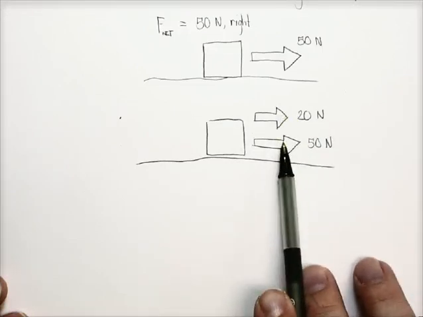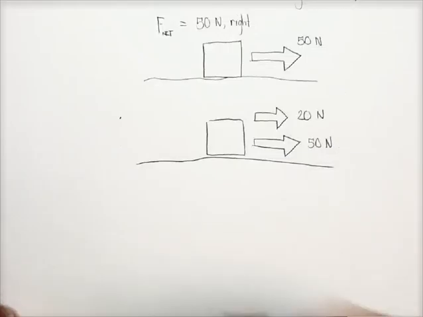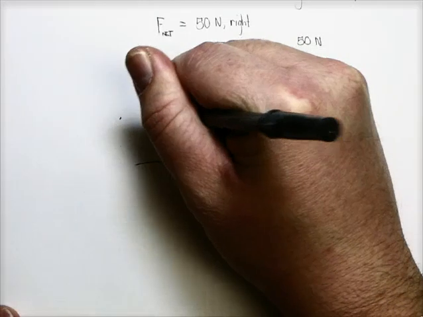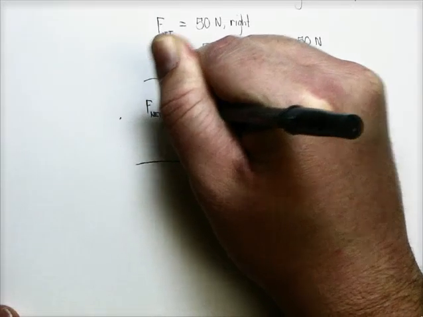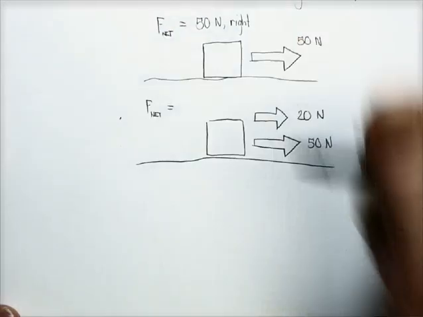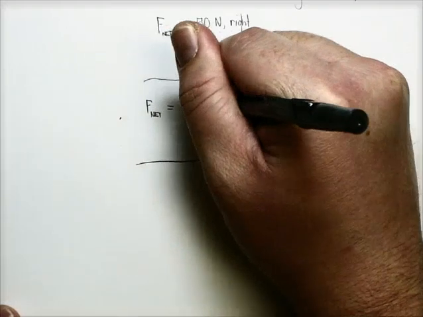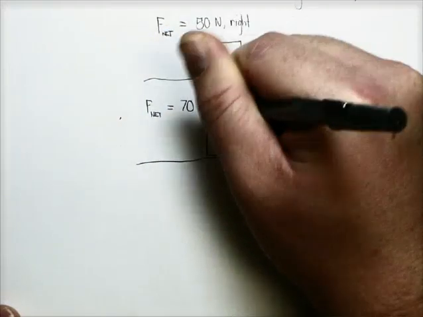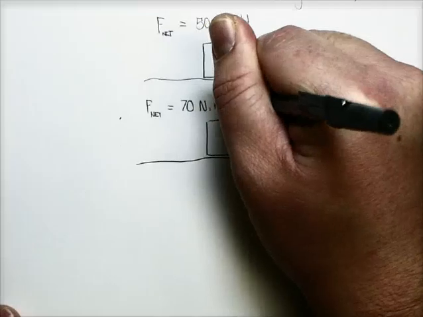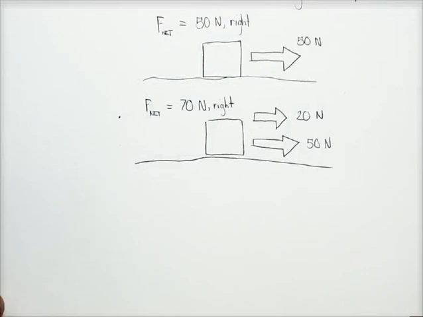So if the forces are in the same direction, we can just add them together. So in this case, the net force acting on the object would be 70 newtons to the right, just like that.